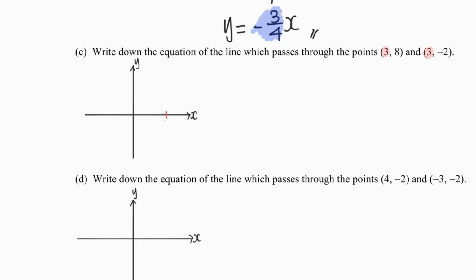So x is 3, 3, 8. So I'm going to have an 8 here, somewhere here. 3, negative 2. Negative 2 is somewhere here. And let's see, I'm going to join these 2 points now.